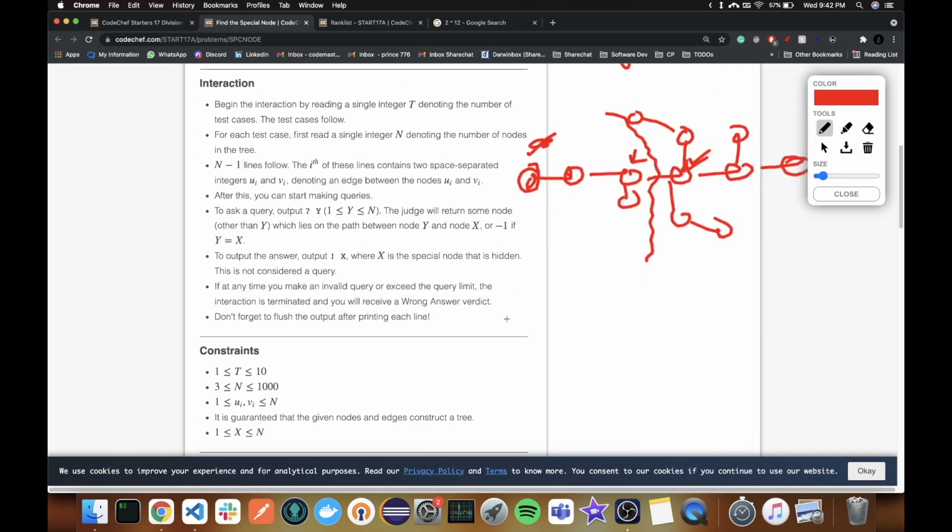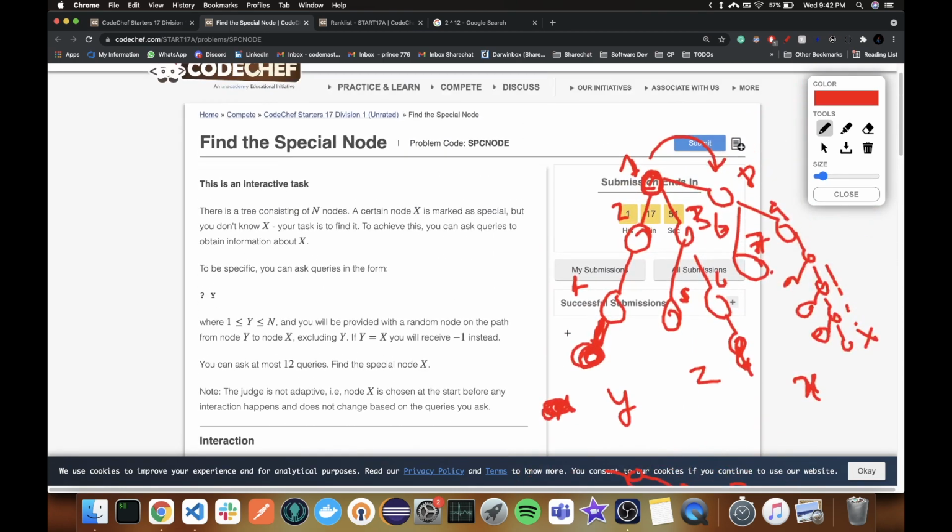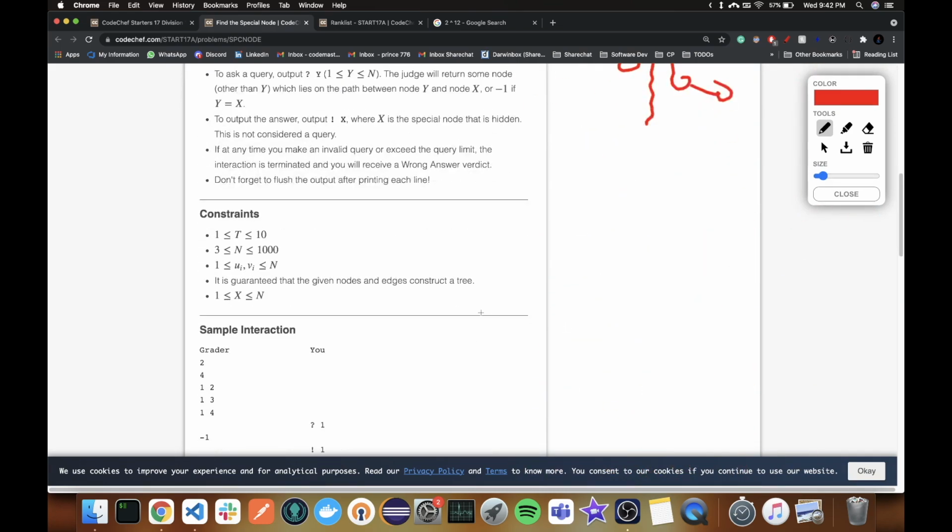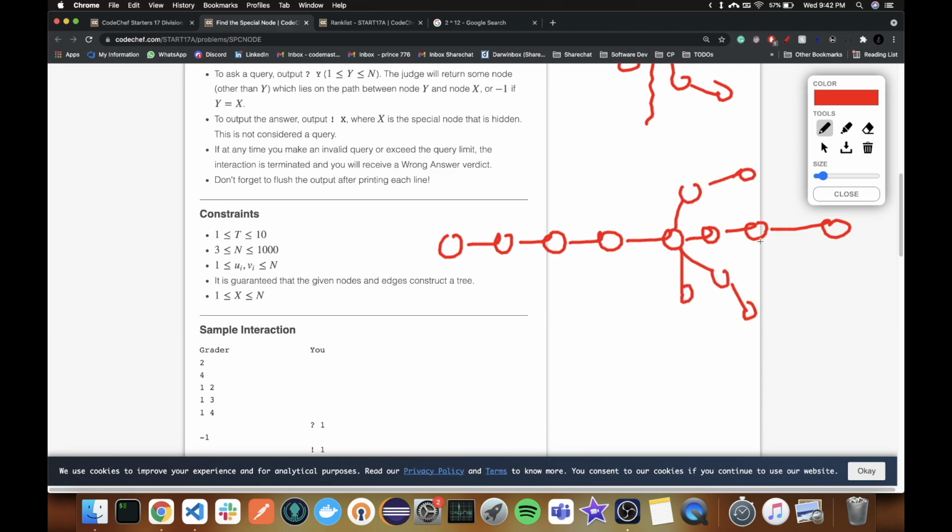Why does it feel like taking the diameter works? So let's take a bigger diameter. 1, 2, 3, 4, 5, 6, 7, 8. I query here and let's say I get this, okay? So no. Yeah, it can be there.